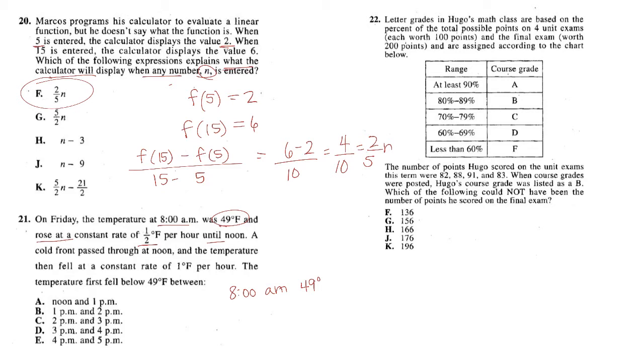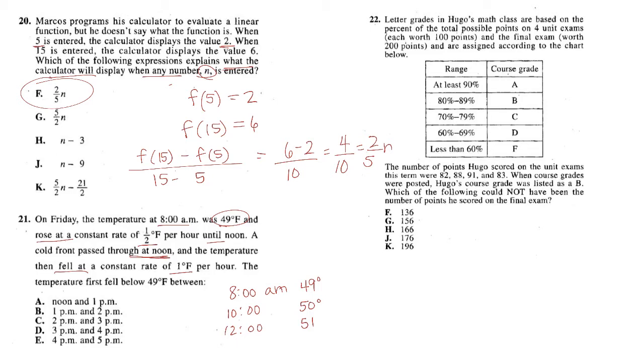So after 2 hours, it rises 1 degree. So at 10, I'm going to have 50 degrees. And then at 12, I'm going to have 51 degrees. Now, after we hit noon, the temperature then fell at a constant rate of 1 degree.